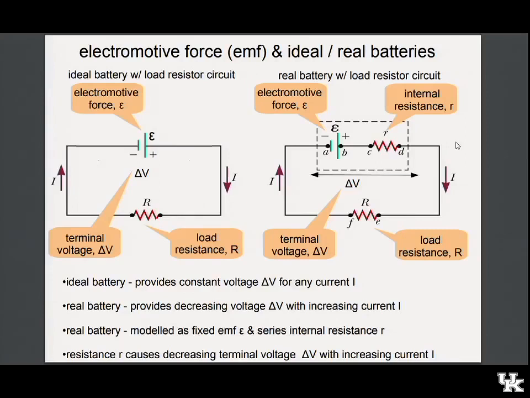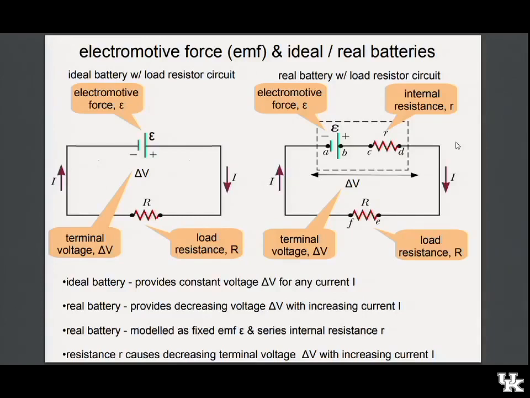But in this circuit on the right, again, downstairs here, this is the washing machine or the dryer. No matter what resistance we put here, no matter what current we try and draw, in this case, the more the current we draw, the less the battery voltage we see, because some of it is used up on the internal resistor. There's some voltage drop across the internal resistor.